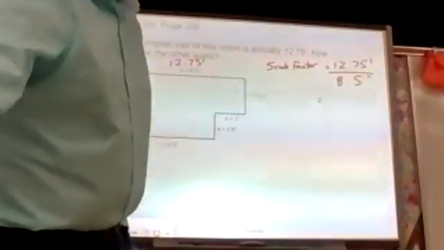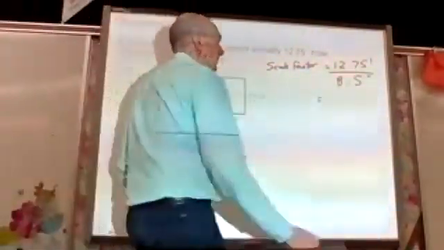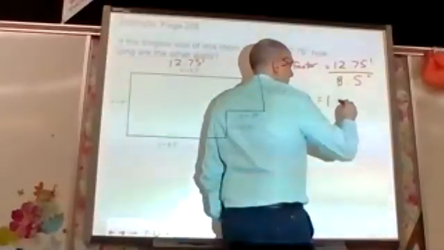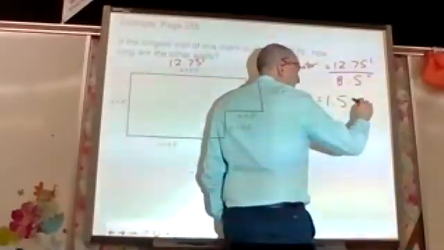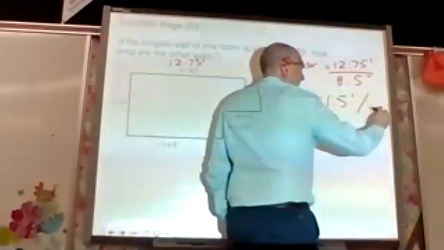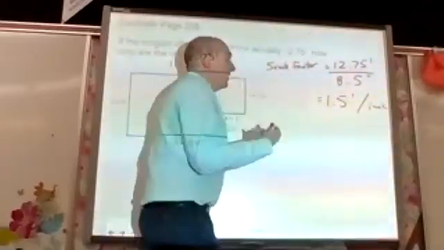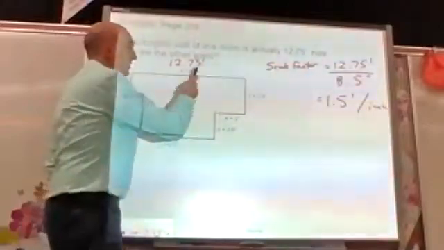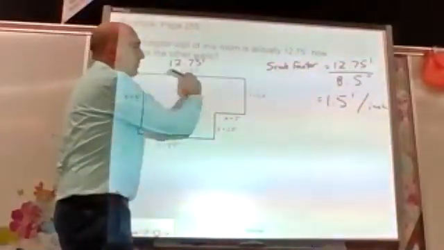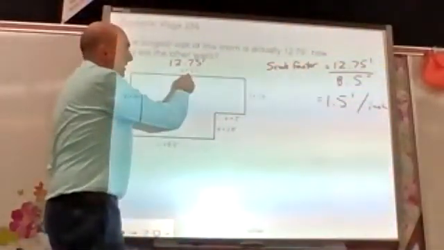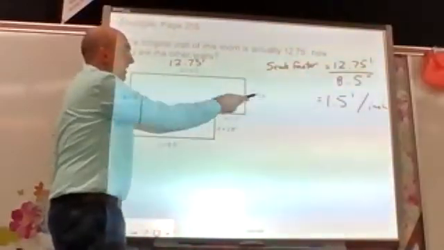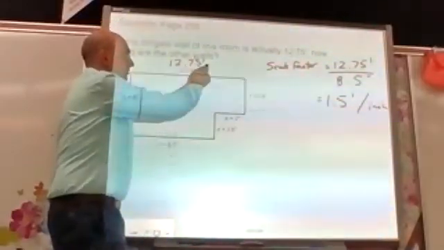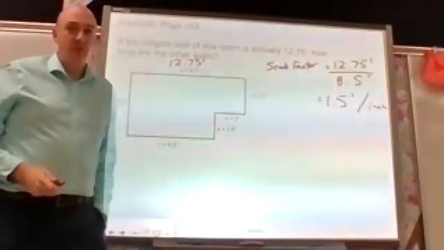The scale factor is not actually 1.5. It's 1.5 feet per inch, because we have different units, top and bottom. But that means that if we multiply any of these values in inches by 1.5, we're going to get our value in feet.